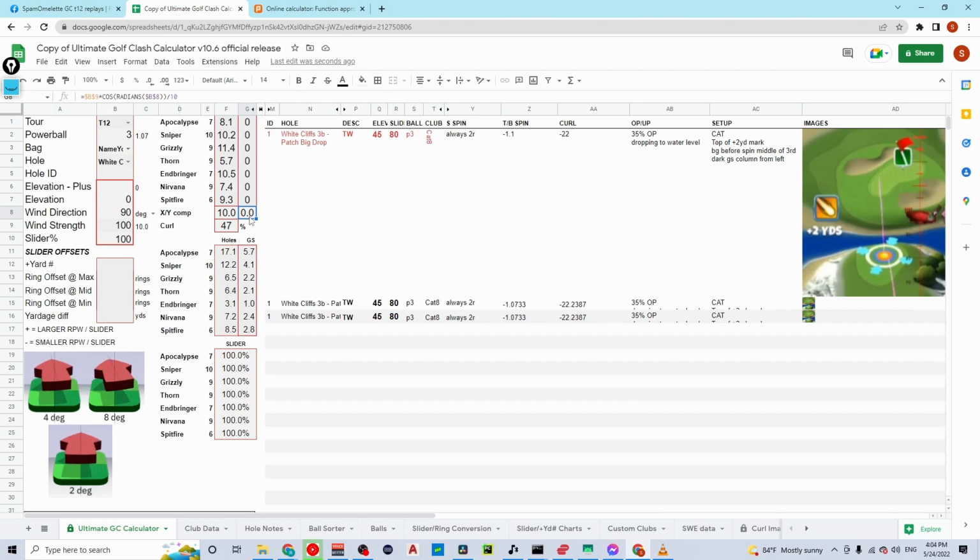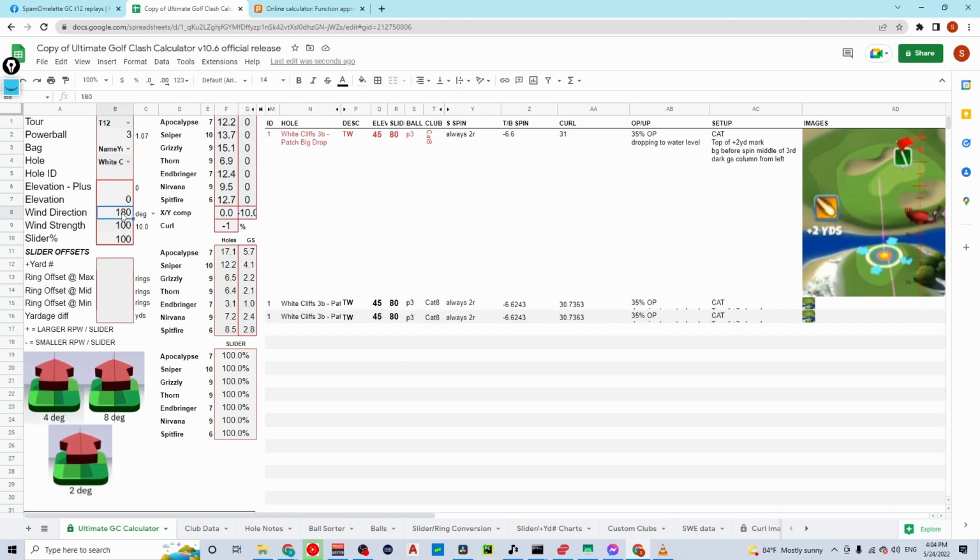Because it's straight crosswind. But if I was to go straight tailwind, it would be 0 crosswind, right? But 10 mile per hour would be positive because it's pushing in tailwind. If it was headwind, it would be minus 10 miles per hour.